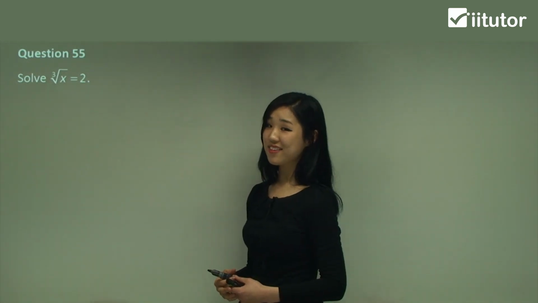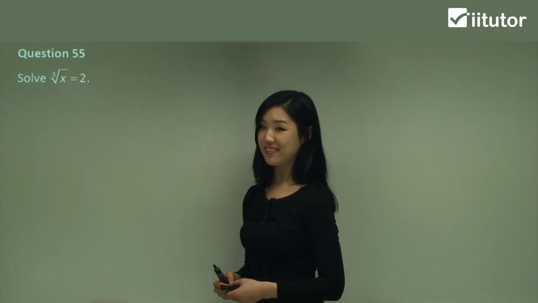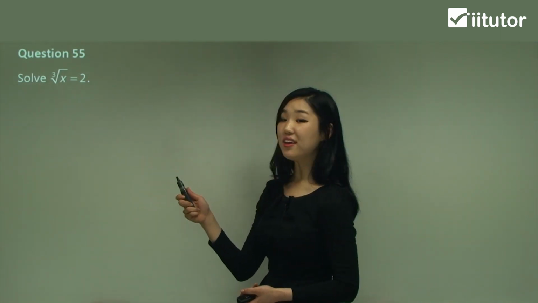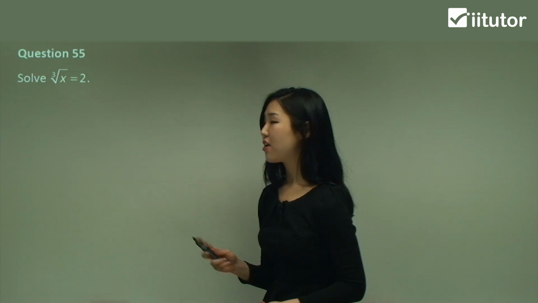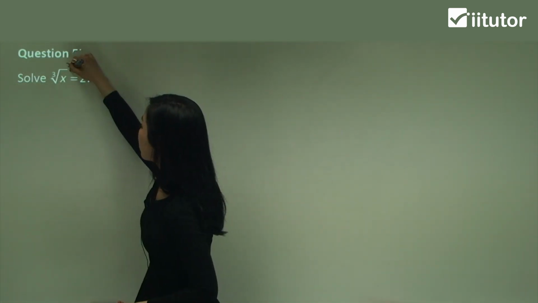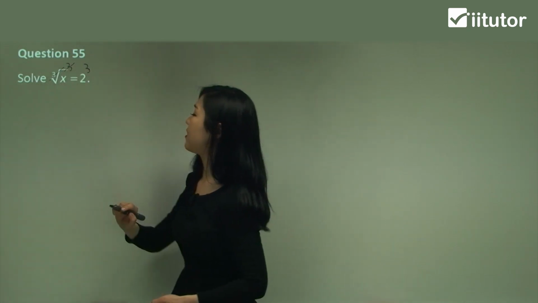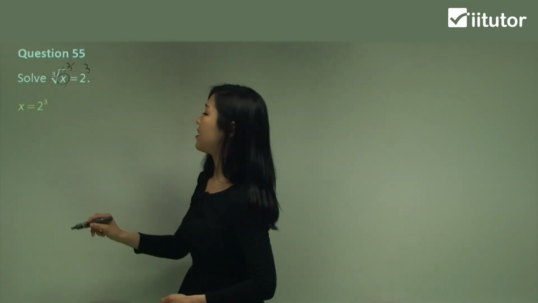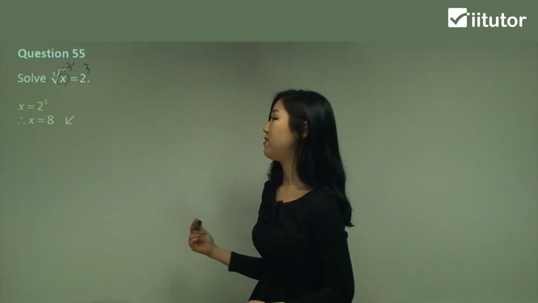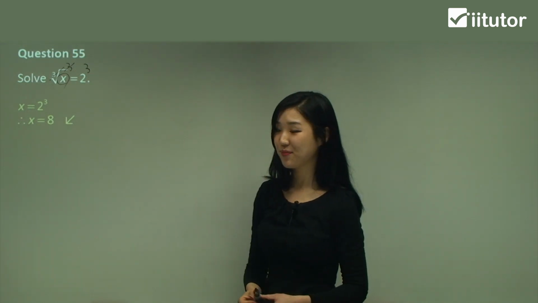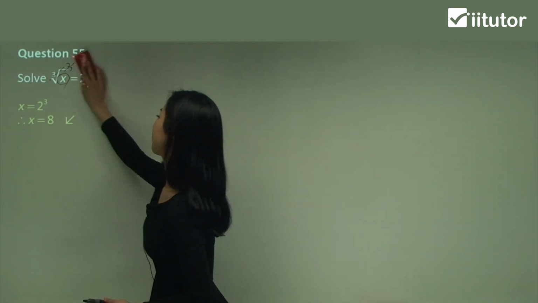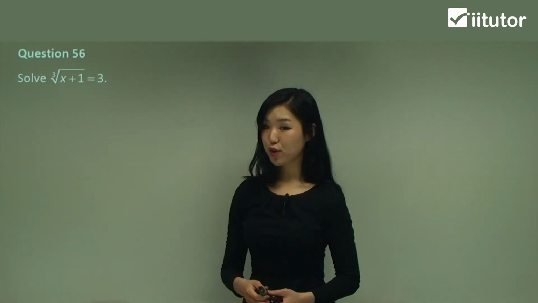Now this is actually the question example that I gave you at the beginning, so all of you should know the answer. But this time, we're cube rooting. So we must cube both sides. And you know that this will cancel out. So we just have x equals 2 cubed, which is 8. So x is 8. Very, very simple. And finally, again, we're cube rooting.